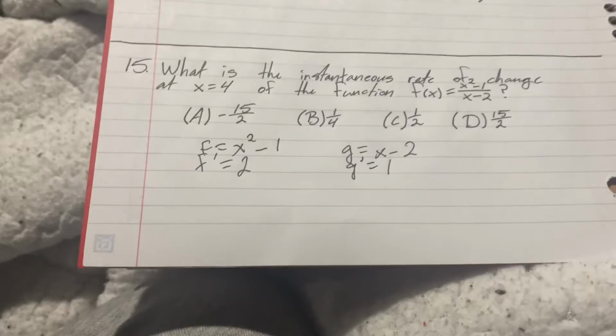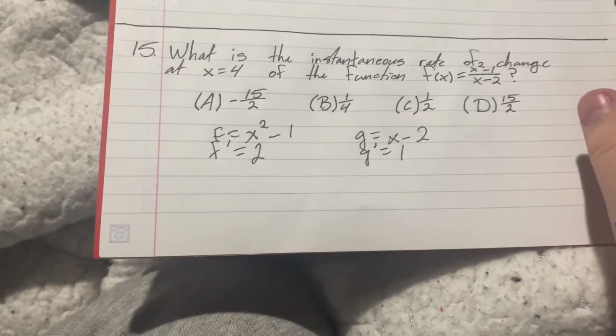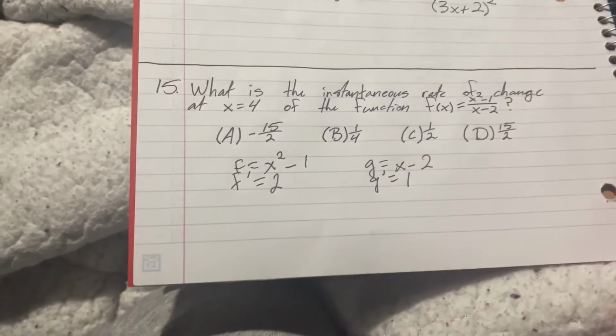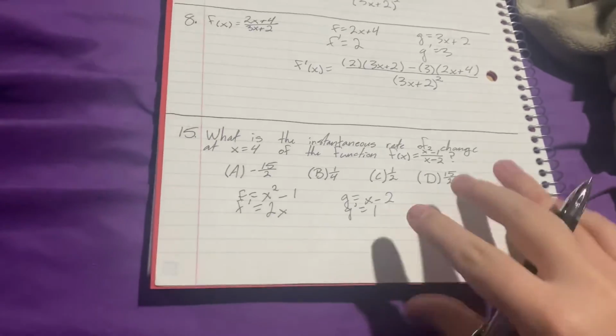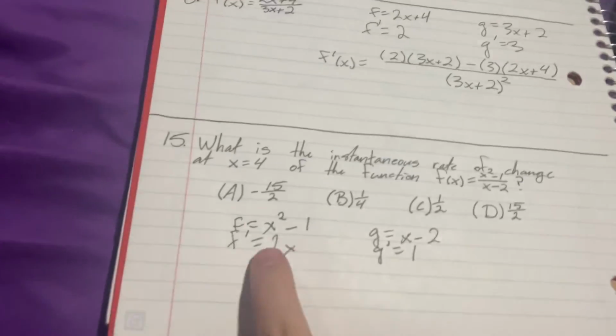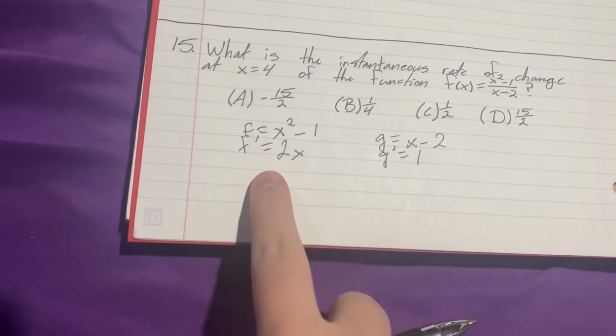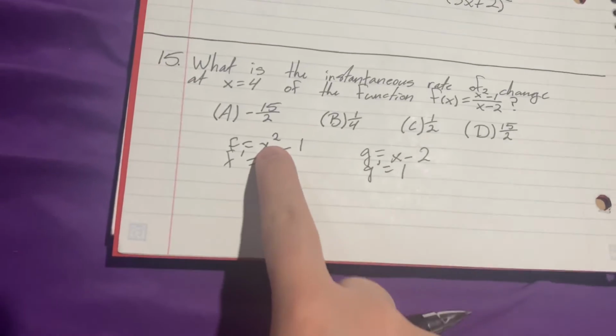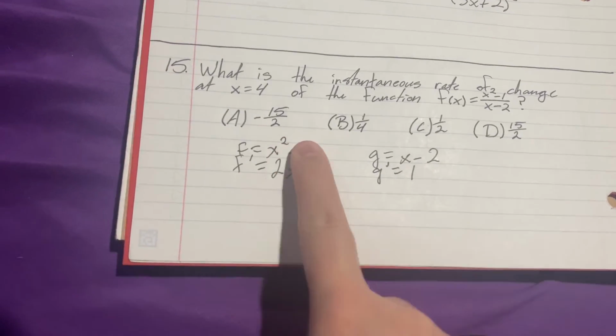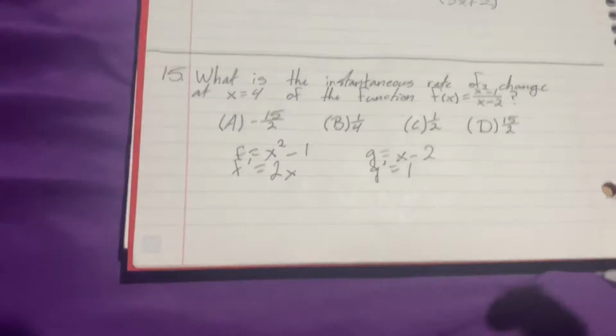So again, you plug in the numbers to the equation. So I adjusted, and I remembered that for the x squared minus 1 will become 2x because you do the power rule. So you do the power minus 1, which will get you 2x.